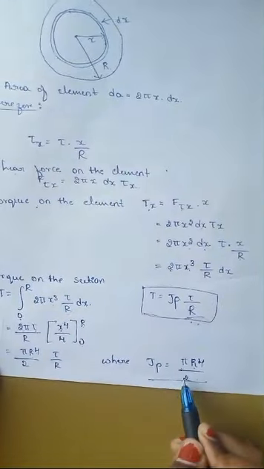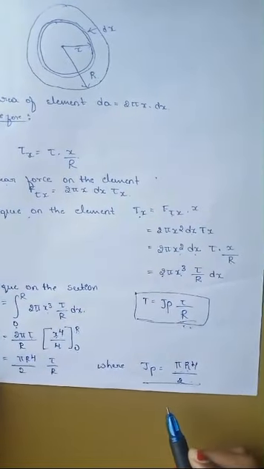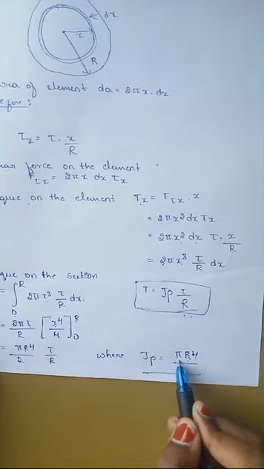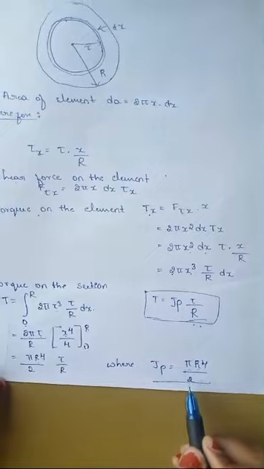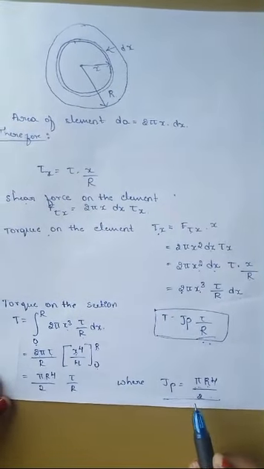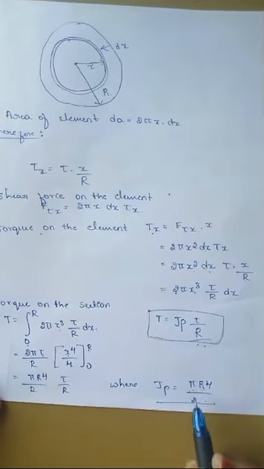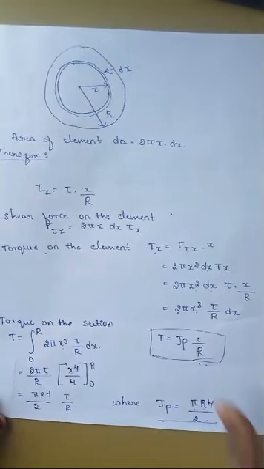Where Jp equals pi r to the power of 4 by 2. Jp is the polar moment of inertia of the transverse section. The polar moment of inertia is the moment of inertia of the transverse section about the centroidal axis perpendicular to the section.